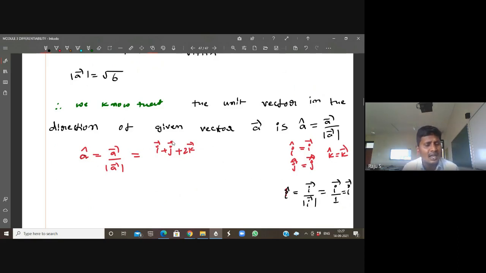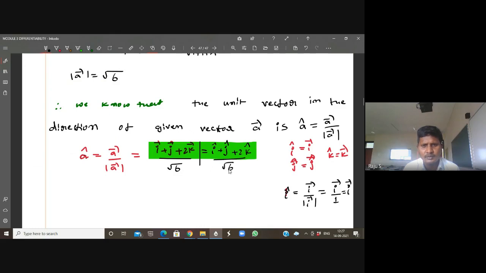So any vector, you can represent either as i plus j plus 2k, or simply write i cap plus j cap plus 2k cap. Both are the same. Now here, this is divided by the magnitude, which is root 6.